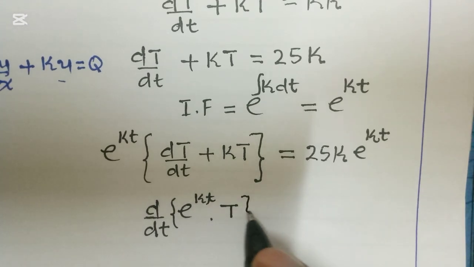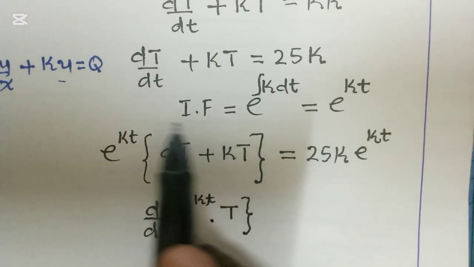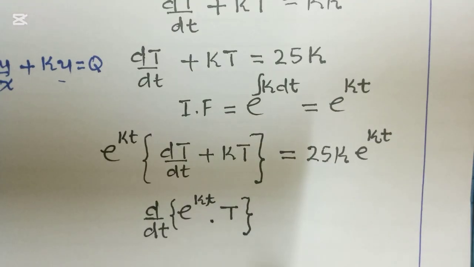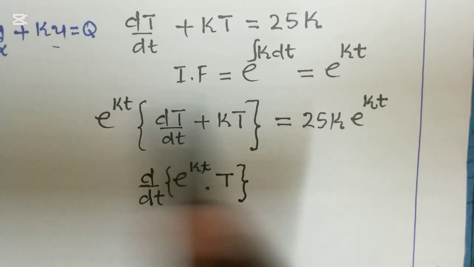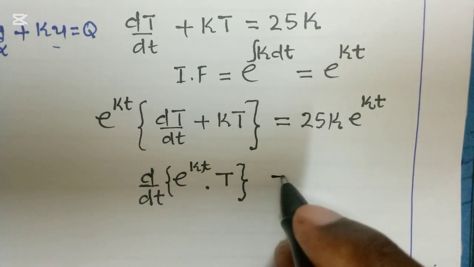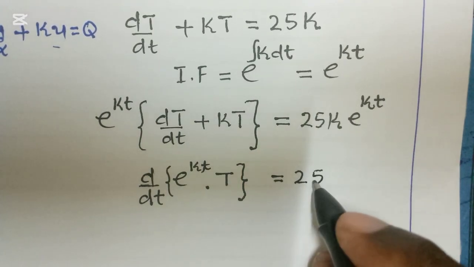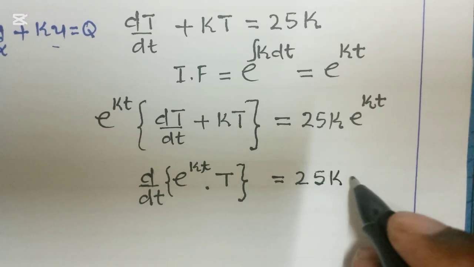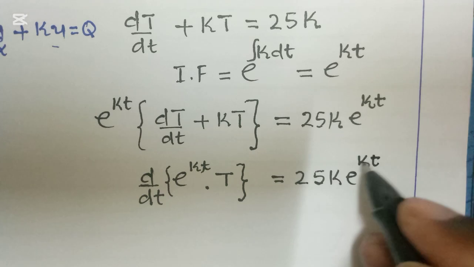So guys, if you were to differentiate this, you will get this. You can use the product rule and you shall find it will come to this. And this other side then is going to be 25k e raised to kt, like that.